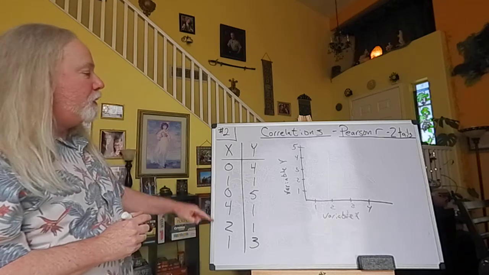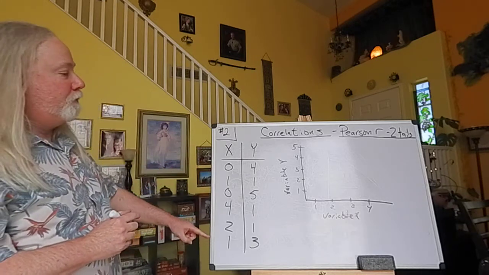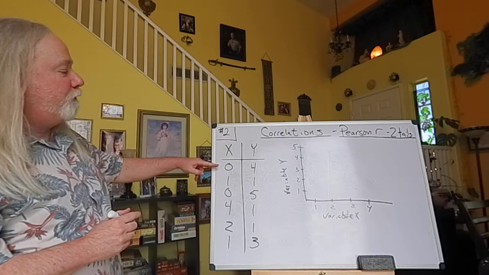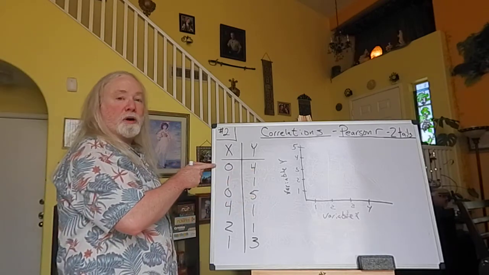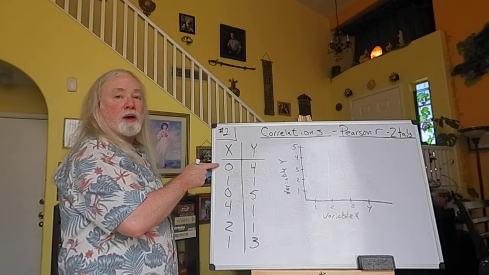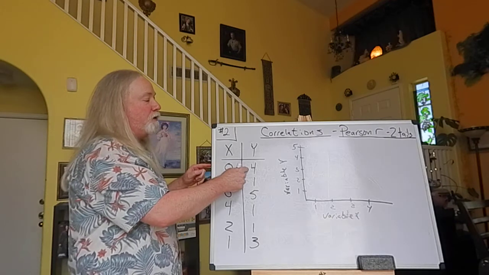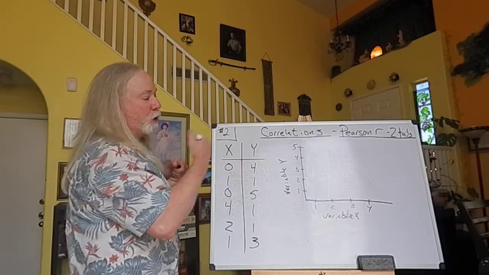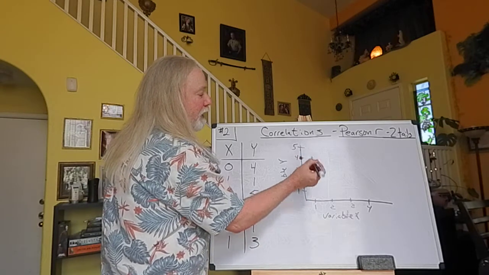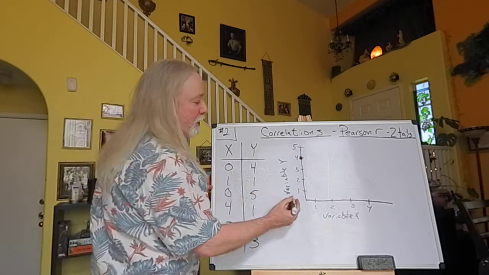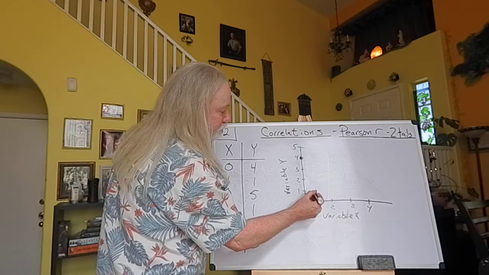Next, we're just going to start logging in our data. So for the first pair of scores, remember these are a pair now. This one person scored a 0 on variable x, and that same person scored a 4 on variable y. So over to 0, up to 4, and put a dot there. It happens to be right on the axis. A 1 and a 1, over to 1, up to 1.